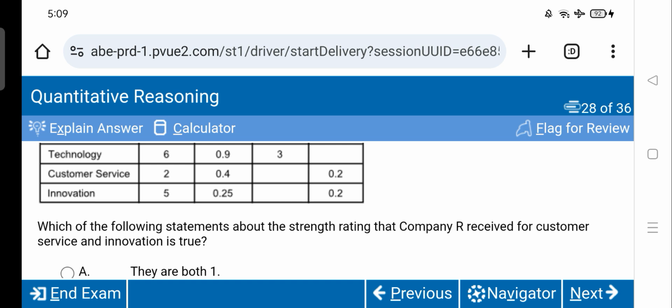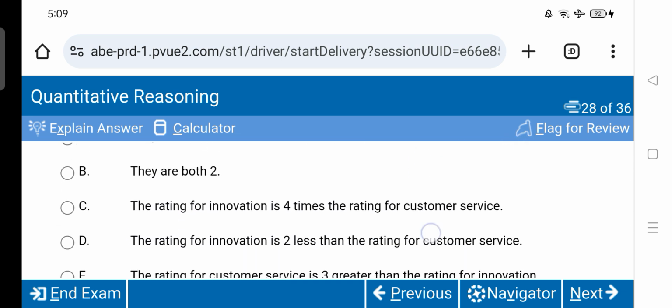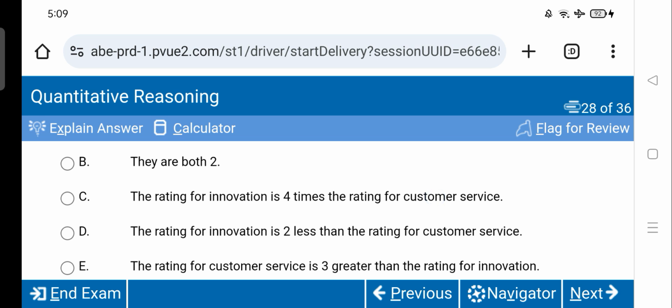Option A, they are both 1. Option B, they are both 2. Option C, the rating for innovation is 4 times the rating for customer service.